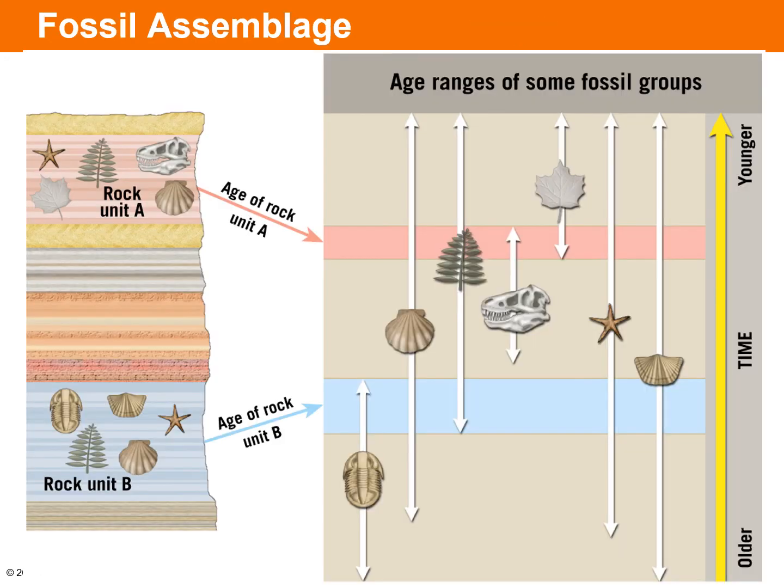So this slide shows some good examples of how to use fossil assemblages to correlate the age of rocks in different locations. So as you can see, when trying to figure out the age of rock unit B, which contains some fossils, you have some trilobites, some ferns, some clams or oysters, and some starfish.